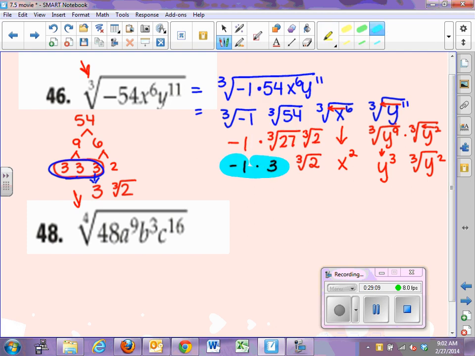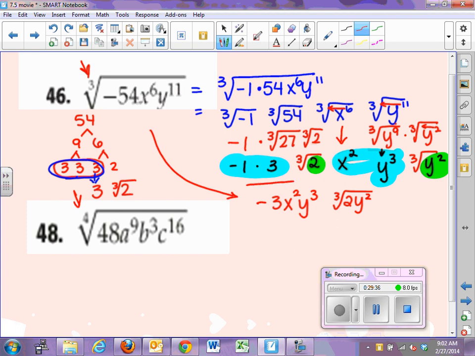I have negative 1 times 3, which is negative 3, times x squared y cubed. First, I have negative 3x squared y cubed times the cube root of 2y squared. I multiplied 2 and y squared. They were both under the same cube root, so I combined them. So this would be my answer.